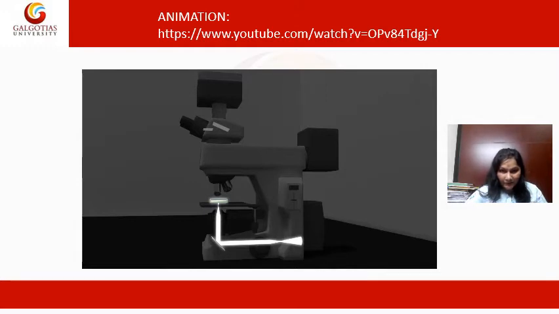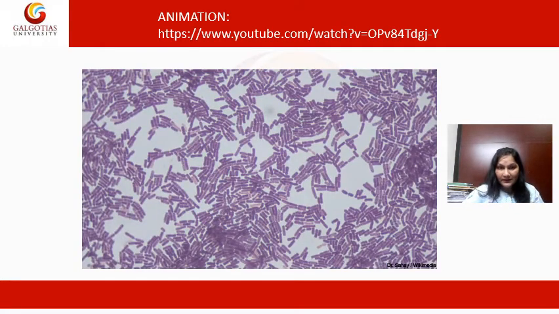This is the light source from where the light is coming. You can see the path of the light, how the light reaches the ocular and the eye of the observer. These are the images taken from the microscope. These are the microbes.